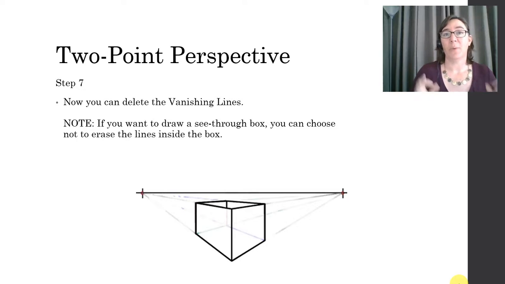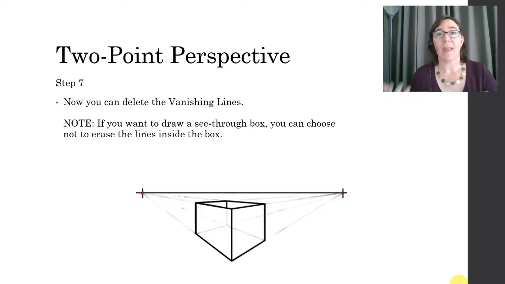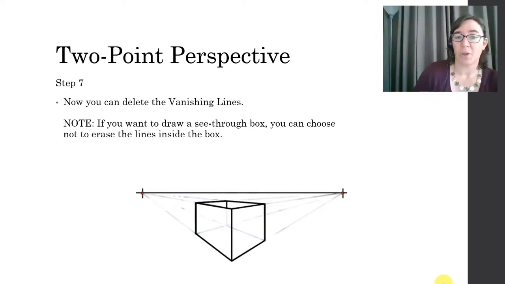With our last step, what you've really got is like a wireframe or a see-through box. Now you need to take that outline and erase or lighten any guidelines that you don't need, and darken or draw over in pen any of your final lines. This drawing has chosen to create an open-topped box by careful selection of which lines to keep and which not.